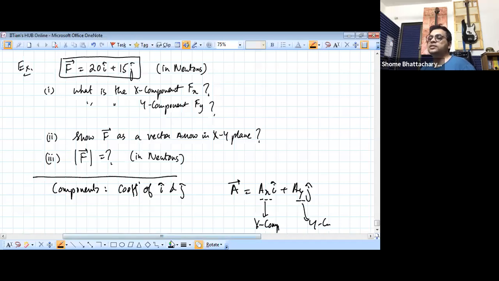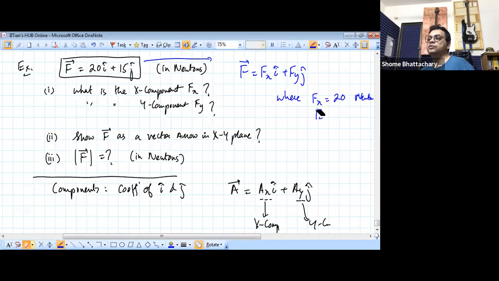So now if you look at this equation that is given to us, it's given as a force. So the force F similarly will have some x component and some y component. Comparing the two, you can see that Fx is given to us as 20 newtons and Fy is given to us as 15 newtons.